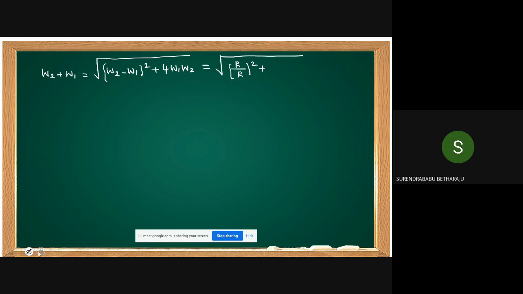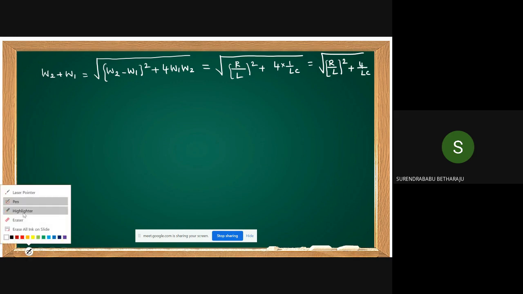So omega 2 plus omega 1 is equal to the square root of (R by L) whole square plus 4 by LC.